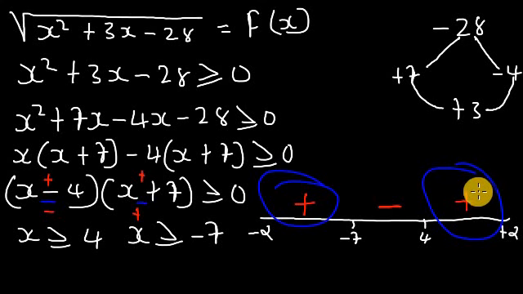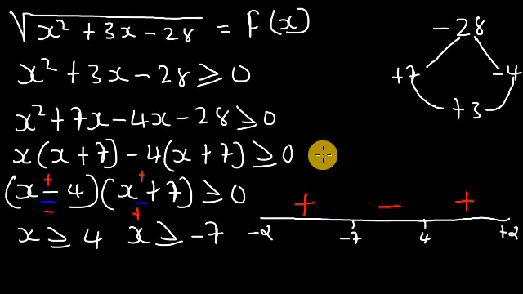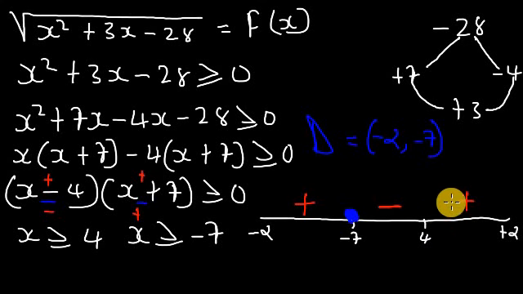Can you now see the function of the test point? So the domain is going to become negative infinity all the way to -7, which will include -7 because it is greater than or equal to, so we shade the region and use a closed bracket. Then union, it also includes 4, shading this region since it is greater than or equal to, all the way to positive infinity, and I'm going to use the parentheses.